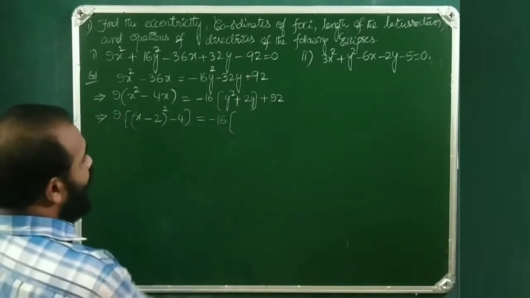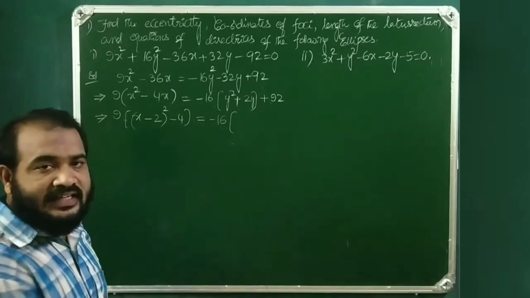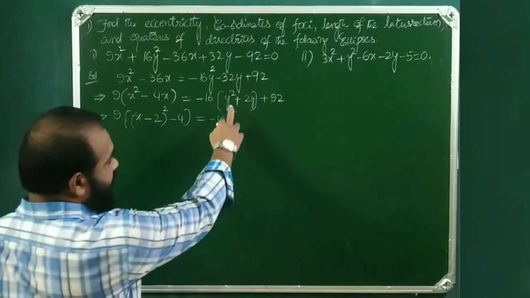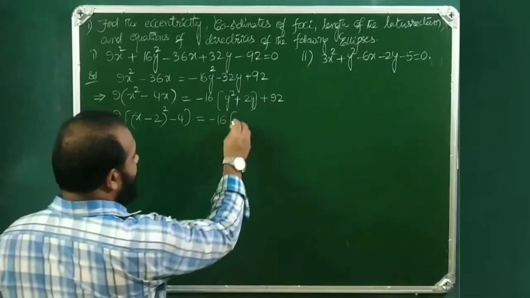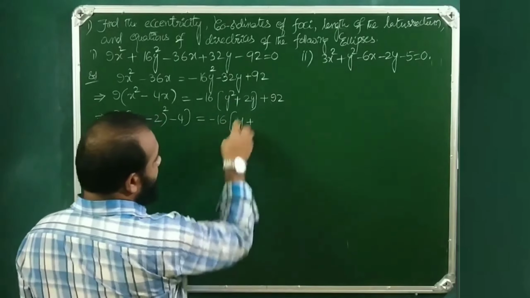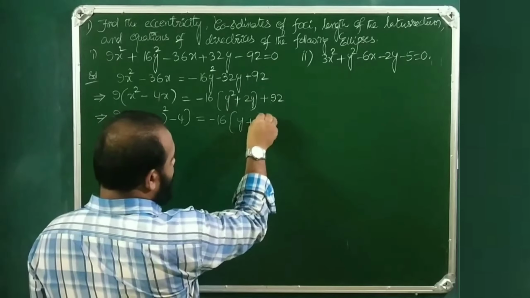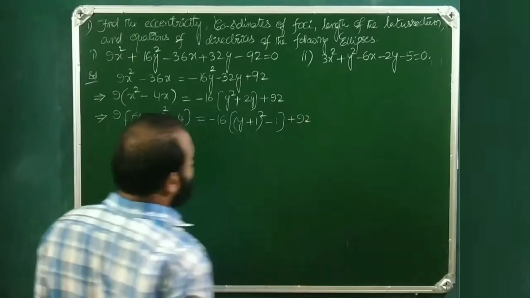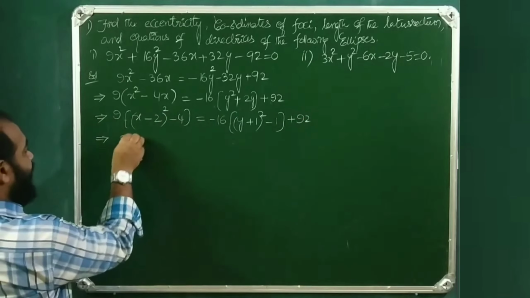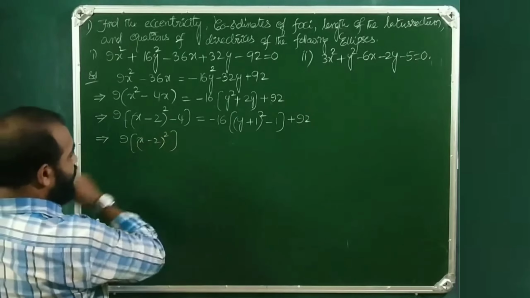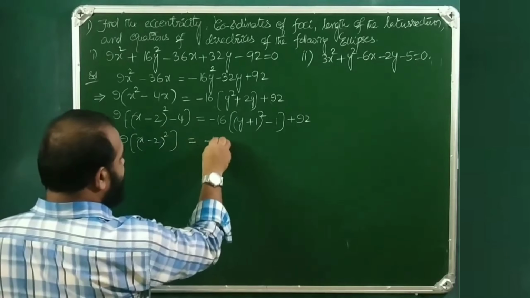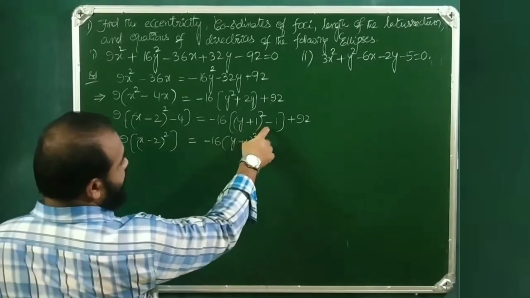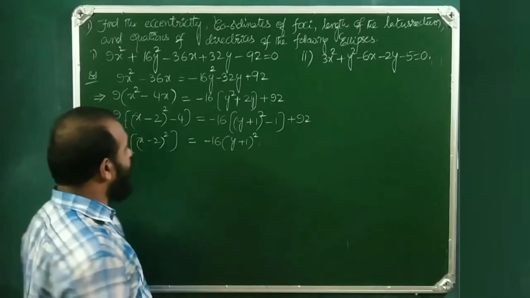Now y² + 2y, express it as (y + 1)², which is (a + b)²: y plus half of 2, that is 1, whole square, minus 1². So 9(x − 2)² = −16(y + 1)² plus 16, and 16 plus 92 is 108.